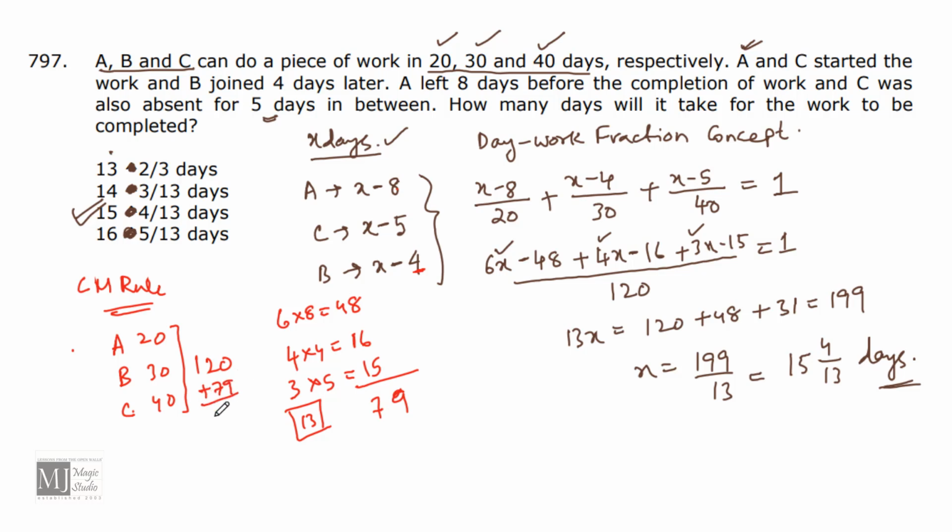Add 79 to 120, you'll get 199. Answer is 199 by 13, that is 15 4 by 13. This is known as the 5-second less calculative solution. CM rule rules.